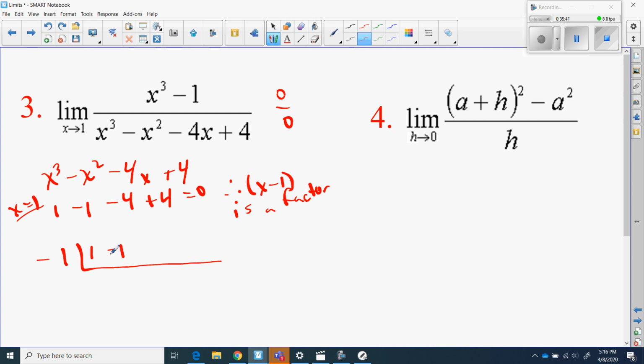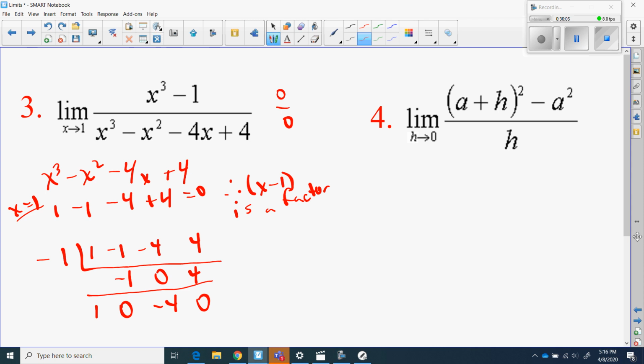Remember, these have to be in descending order, just the coefficients. Negative 4, positive 4. That number comes straight down, multiply, subtract, multiply, subtract, multiply, subtract. Perfect. I need to get a 0 here.